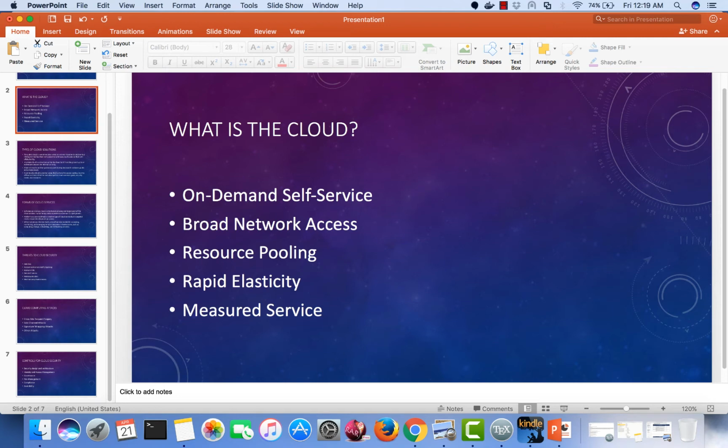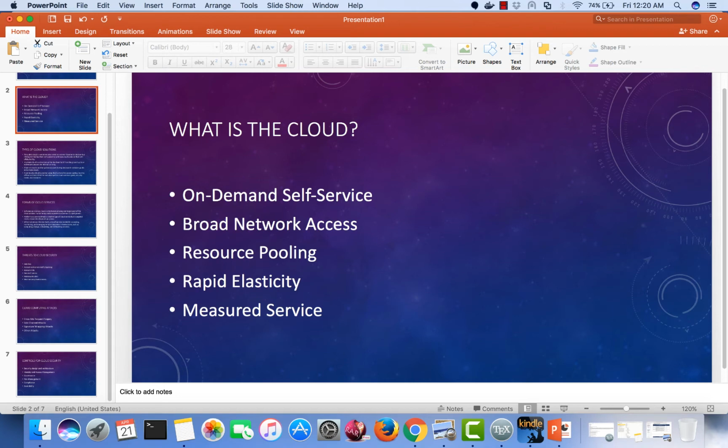Right off the bat, the cloud is an on-demand self-service. Users of cloud services have the capability to tweak, customize, and configure services as needed to meet their needs, both right now and as they grow.